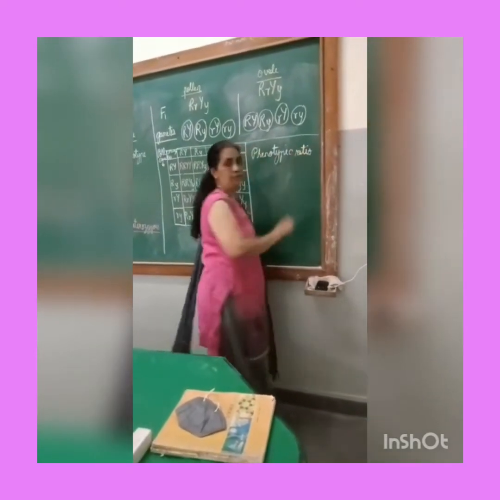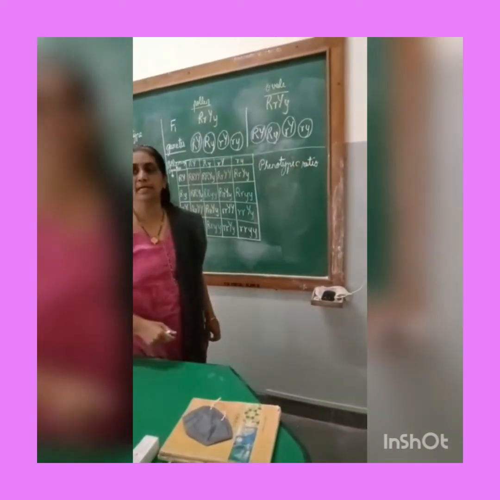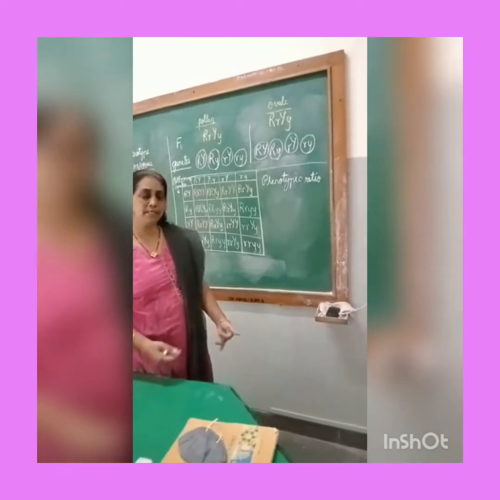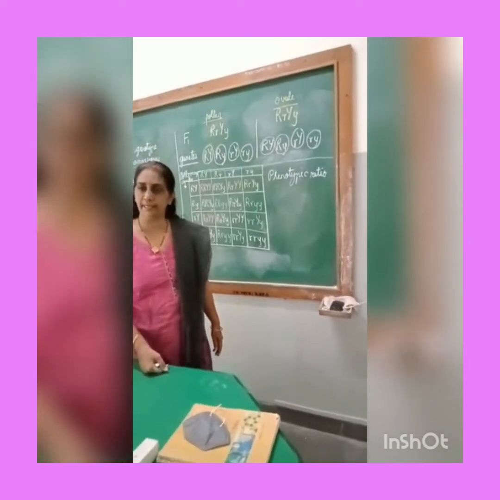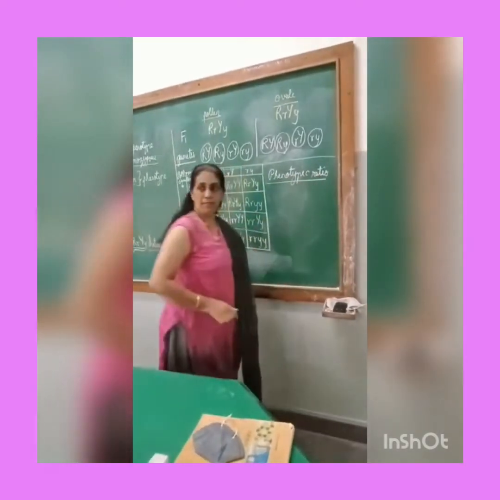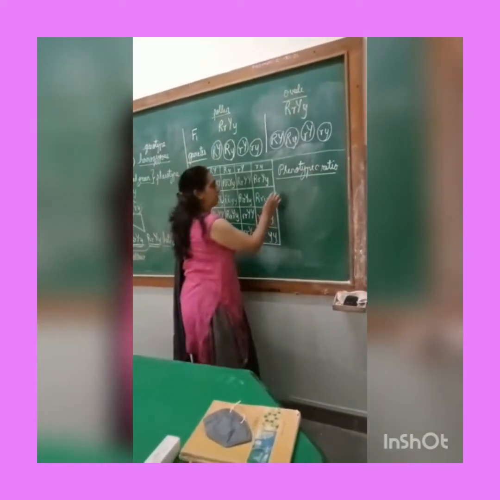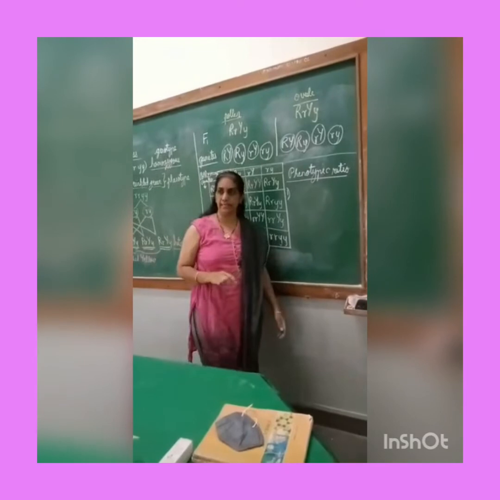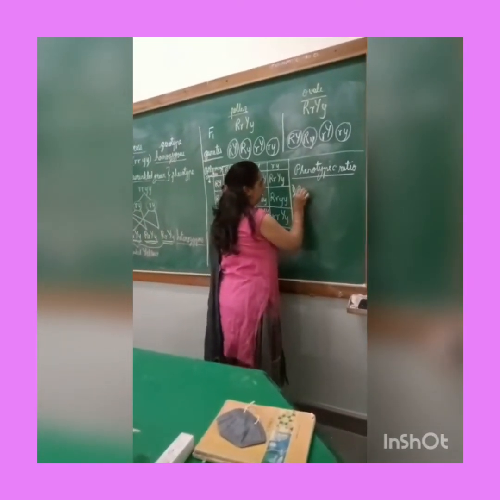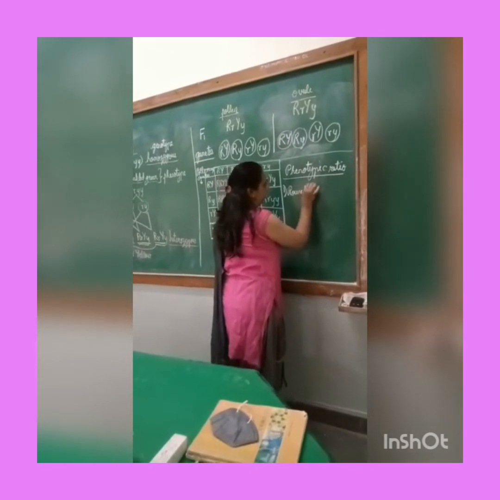For finding the phenotypic ratio, you have to understand first how many phenotypes you have got. There are 4 different combinations in the phenotype. Which are the 4 combinations? The first combination is that the seed may be rounded and yellow.